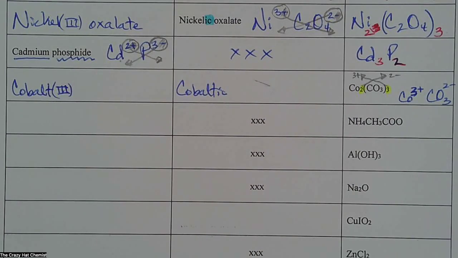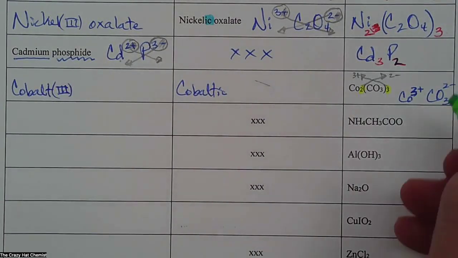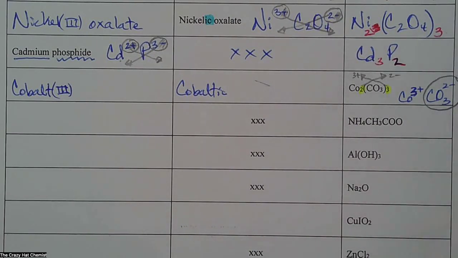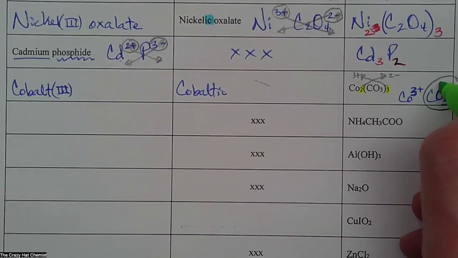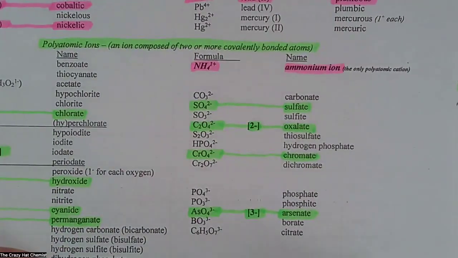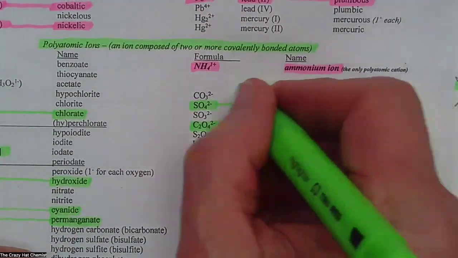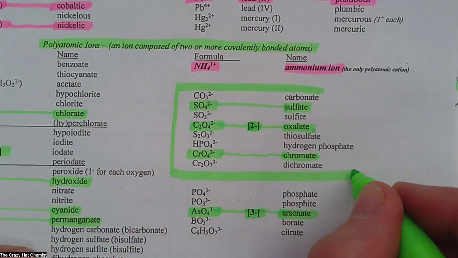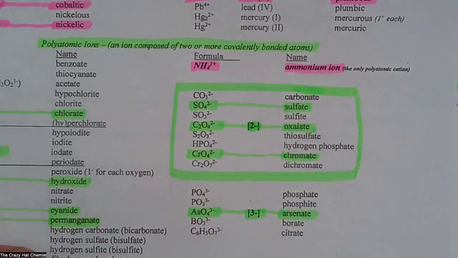Now, what I need to do is find, for example, this polyatomic ion. This is a polyatomic ion because it has more than one capital letter, but I can find it in that 2 minus category. So I'm going to look in this small section. So I've really narrowed down my focus.